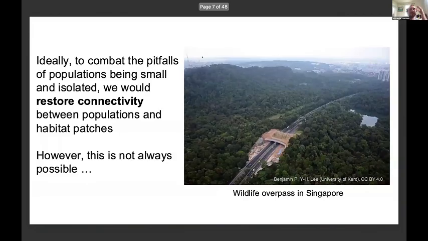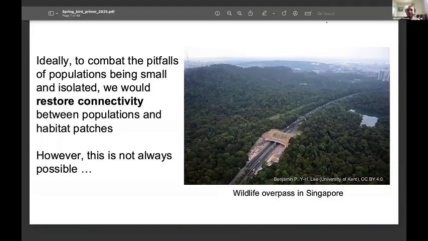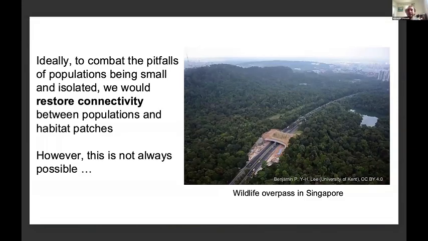So to combat the pitfalls of these populations being small and isolated, ideally what we would do is restore natural connectivity across our landscape. And one small palpable example of this are these wildlife overpasses that are popping up across the planet.